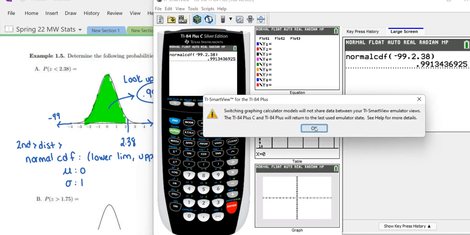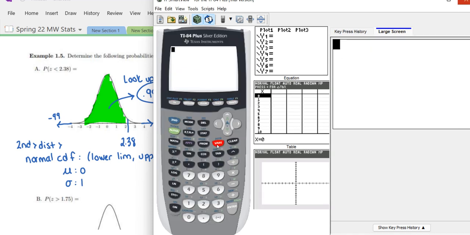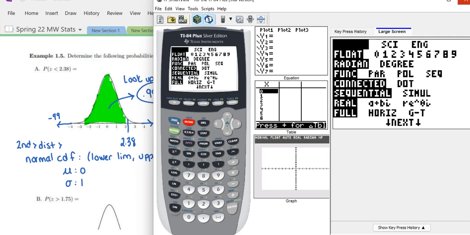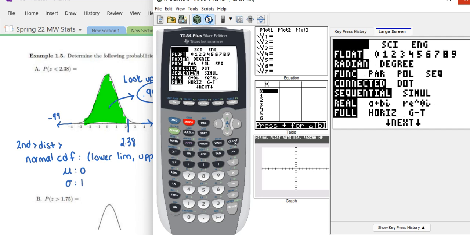Maybe if I do that one. Oops. All right, this one is giving me issues.